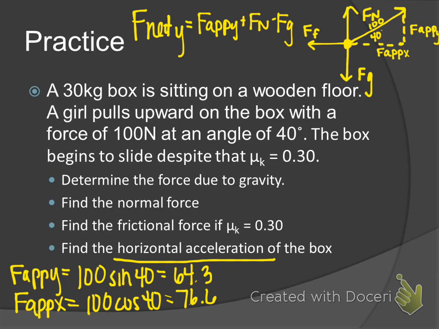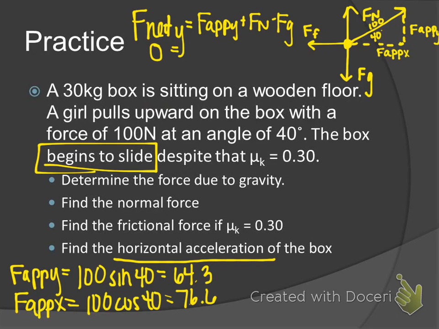Is our object leaving the ground? Is it accelerating in the vertical direction? No, it's not, because it tells us it begins to slide. Sliding means it's staying on its surface. It's not leaving the ground. It's not accelerating in the vertical direction, which means F sub net in the vertical direction has to equal 0.